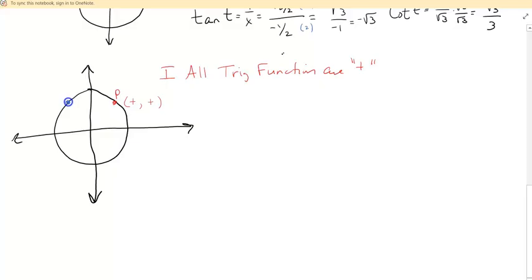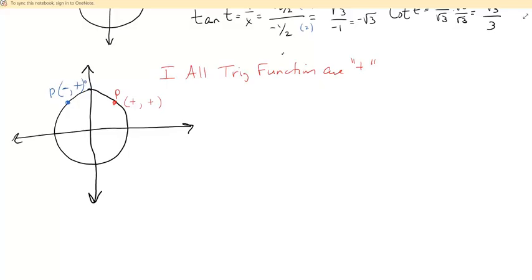So go ahead and put a point in quadrant 2, and let's think about that point. Well, all the x values in quadrant 2 are negative, right? But my y values are positive. What does that do to our trig functions? Well, let's go through each of them. Sine is the y. Well, the sine is positive.